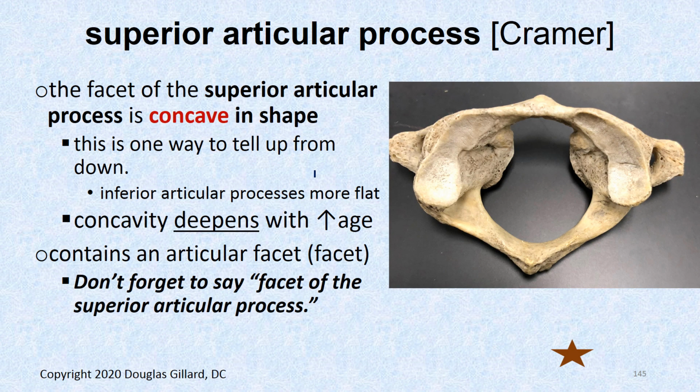You can get a good idea of someone's age by looking at the superior articular process. First of all, they're more concave in shape, even when someone's younger. The inferior articular processes, the facets are flat, so you can always tell which way is up from down. This is definitely up.